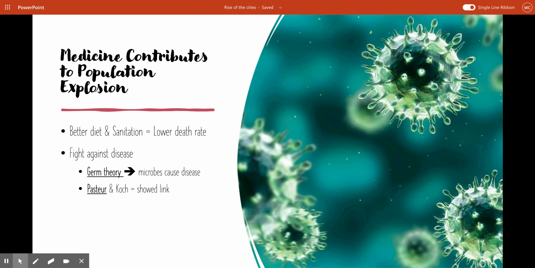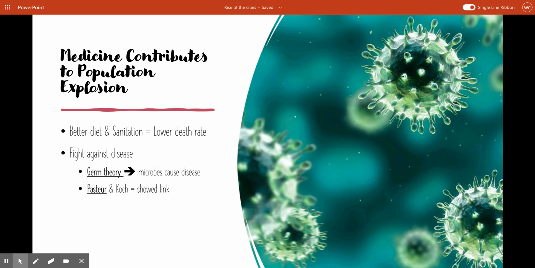So when you look at the fight against diseases, there's a couple things that are going on, and these are happening kind of throughout Europe at the time. More and more, they're beginning to understand that there are these tiny microscopic things that we can't really see with the naked eye, and these things cause disease. Today we know them as viruses and bacteria.